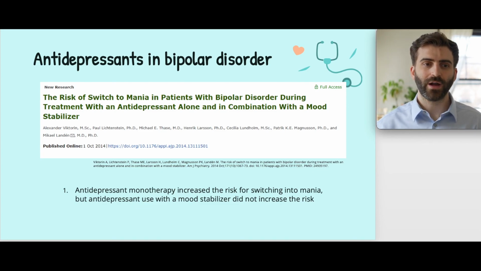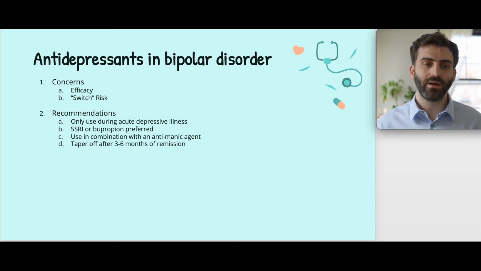Next, I wanted to further highlight the switch to mania. And again, antidepressant monotherapy may increase the risk, but it seems like antidepressant use in combination with a mood stabilizer does not increase the risk. So efficacy-wise, switch risk-wise, we reviewed. So the recommendations are only use during the acute depressive illness side. You don't want to use antidepressants during the mania side.